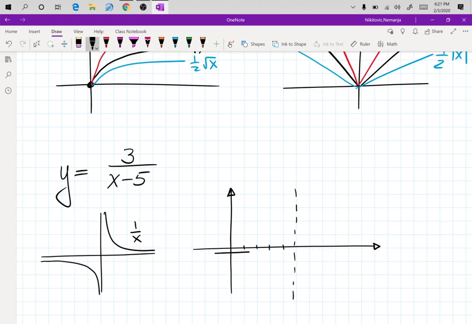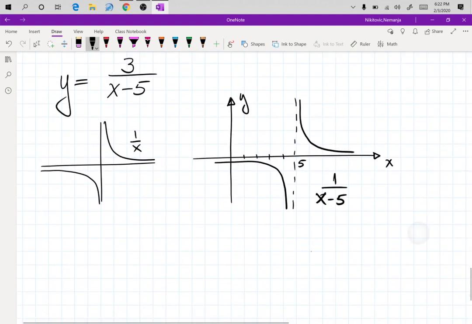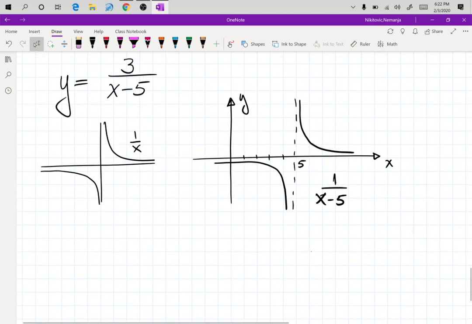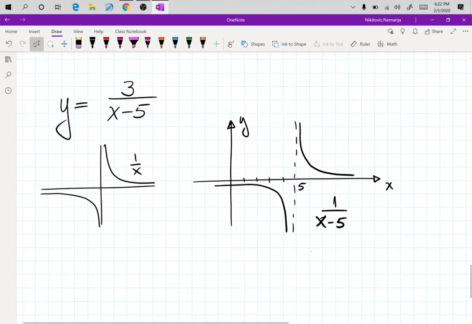And now we draw this, and this is 1 over x minus 5, because we shifted everything 5 units. Now, I will write here just in case.